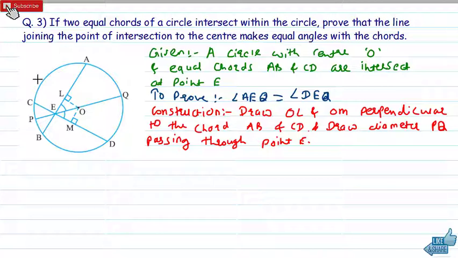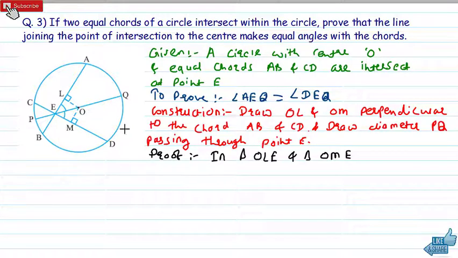The proof is very simple. I told you that to show the angles are equal, we have to show the triangles are congruent. So in the proof, write the names of the triangles. In triangle OLE and triangle OME, what can we say here? First of all, AB and CD are equal chords, so they are equidistant from the center.